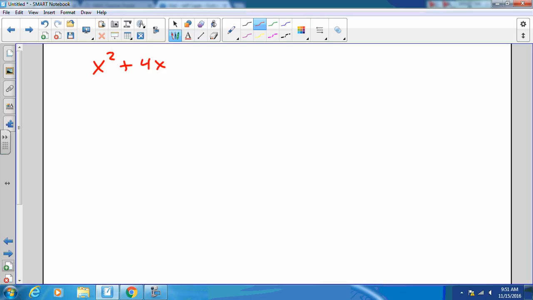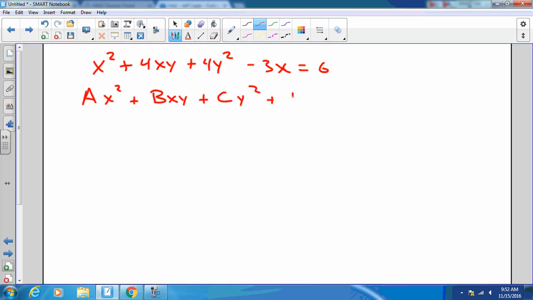Find the relation x squared plus 4xy plus 4y squared minus 3x is equal to 6. And this equation right here is an interesting relation, and it defines what we call a generalized conic section. This one happens to be a parabola, and you can tell by computing what's called the discriminant.